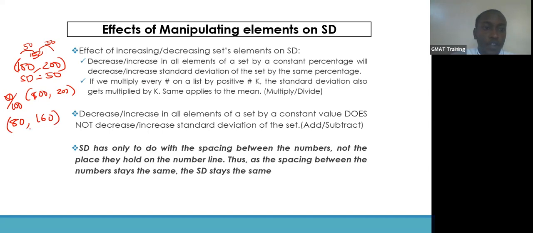And this new standard deviation will also decrease by 80%. We don't have to calculate that. Let's do 80% of 50, that should be 40.